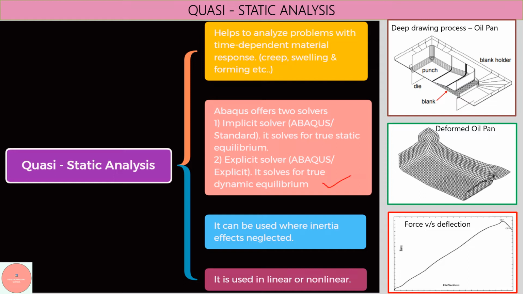Here we give an amplitude curve with respect to time and resolve the solution, but in explicit we directly impose the displacement or the force in order to get the completely deformed oil pan. So implicit will take much more time as compared to explicit solvers. And quasi-static analysis, where we neglect the inertial forces, can be used in linear or non-linear type as well.